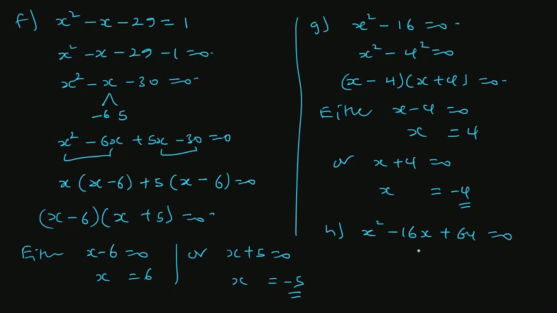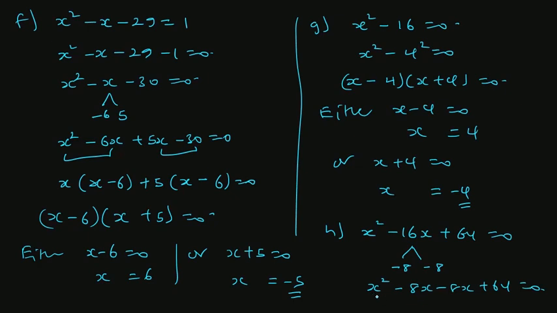We need two numbers that, when we multiply them, give 64, and when we add them, give negative 16. The factors are negative 8 and negative 8. So when we expand, this is x squared minus 8x minus 8x plus 64 equals 0.